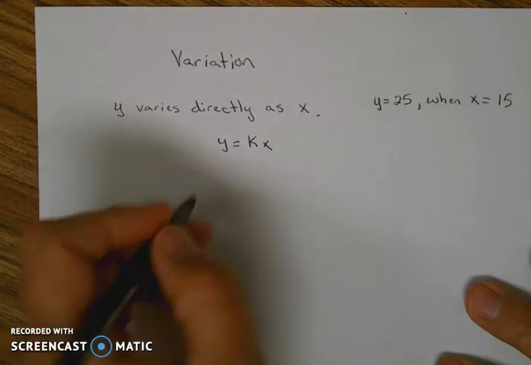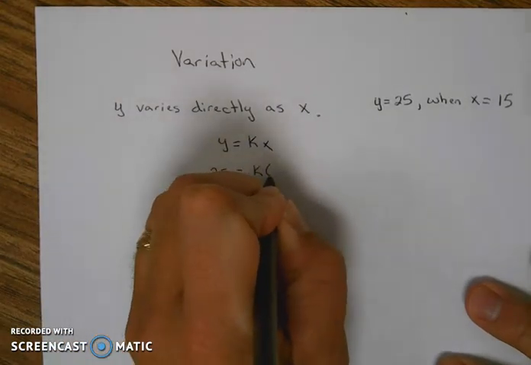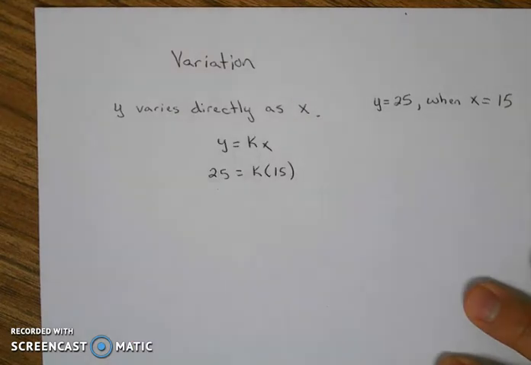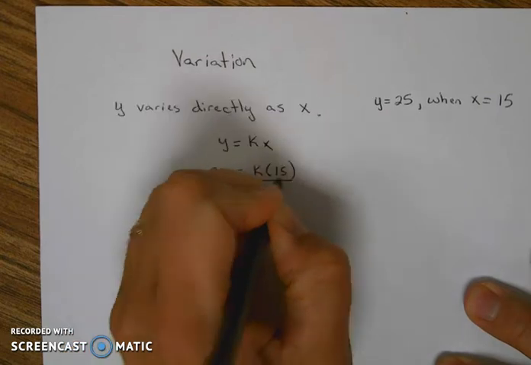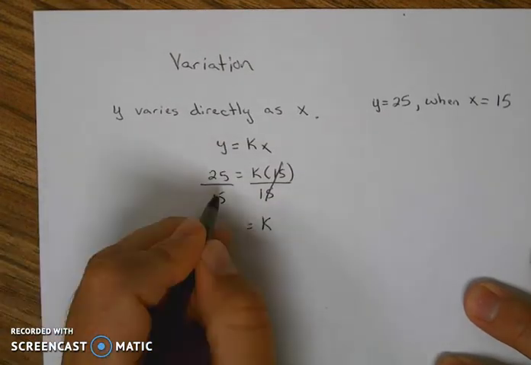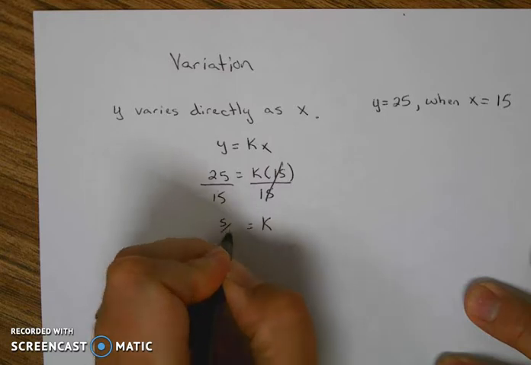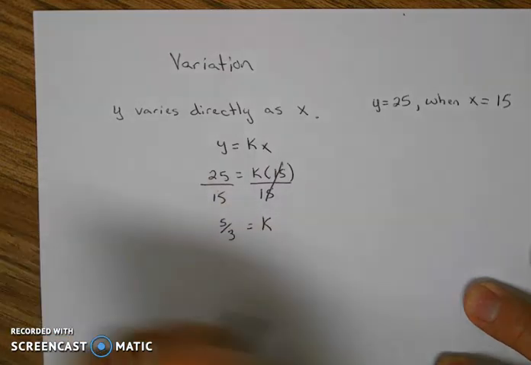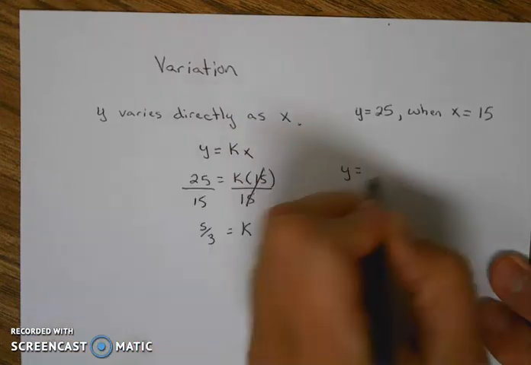So plugging in our values, 25 equals k times 15. Solving for k. The constant of variation is going to be 25/15, so I'm going to go ahead and reduce that. Divisible by 5, so 5/3. So the equation that we're going to use to solve this problem is going to be y equals 5/3 x.